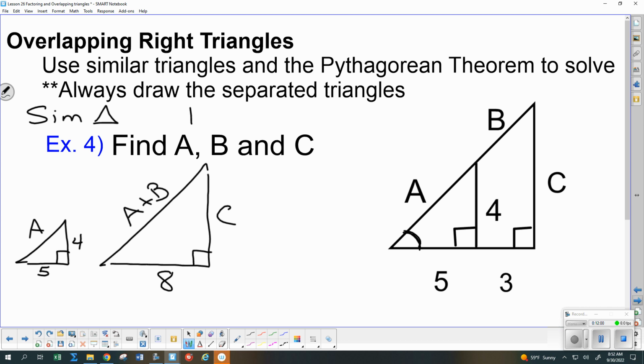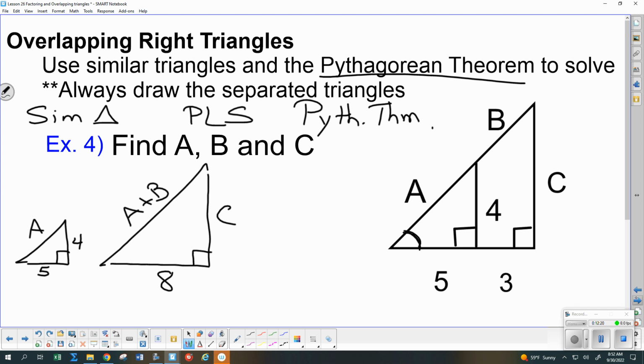We still have proportional line segments, like we saw the other time that we had parallel lines running through the middle of the triangle. And because they're right triangles, we also have the Pythagorean Theorem.